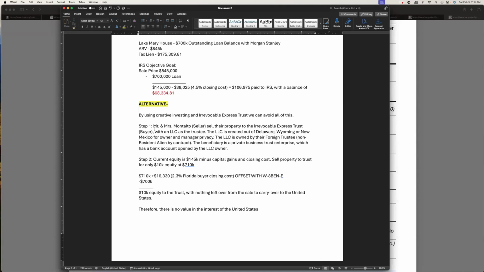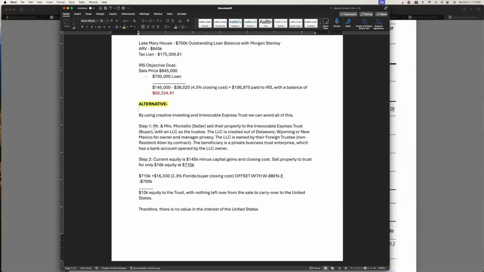Now, this LLC is owned by their foreign trustee, a non-resident alien by contract. The beneficiary is a private business trust enterprise, which has a bank account opened by the LLC owner. Okay, so step two.